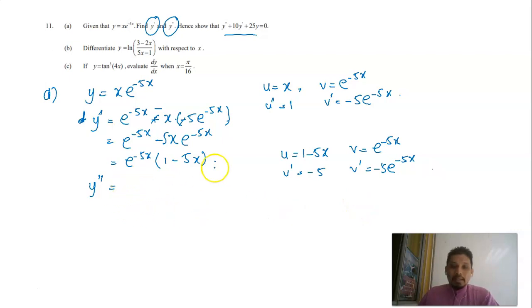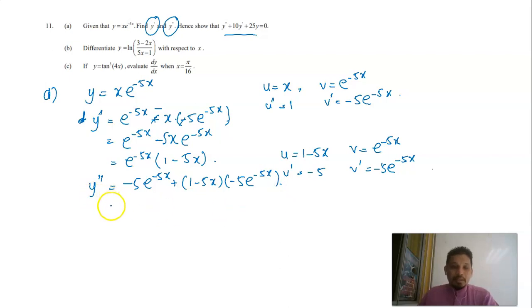Then u prime multiplied with v is negative 5 e to the power of negative 5x, plus u v prime, 1 minus 5x, and v prime is negative 5 e to the power of negative 5x.